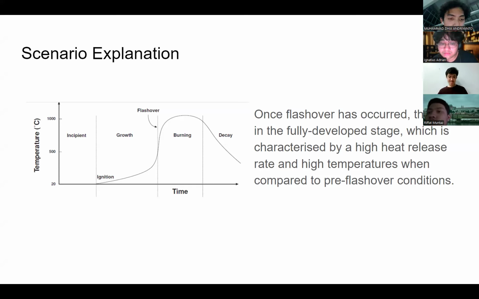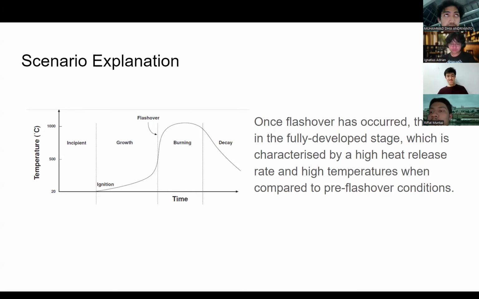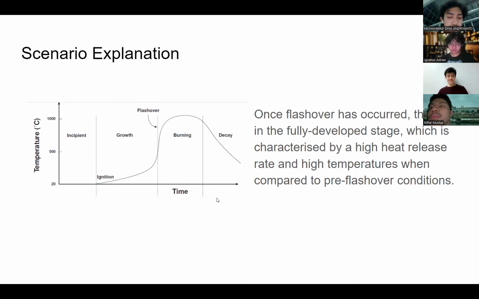After flashover, there's burning, which is a fully developed fire. It is characterized by the heat release rate and high temperatures compared to pre-flashover conditions. At flashover it's about 600 degrees Celsius, and for the fully developed fire, it's more than 600 degrees Celsius.